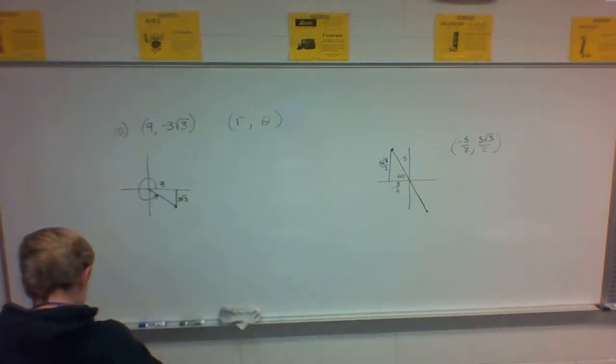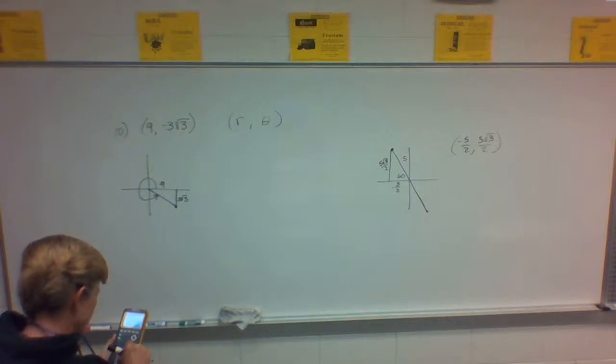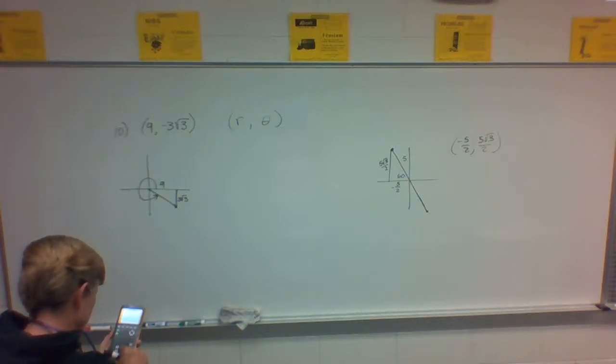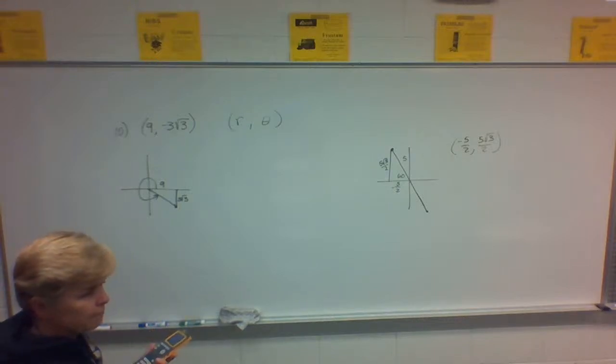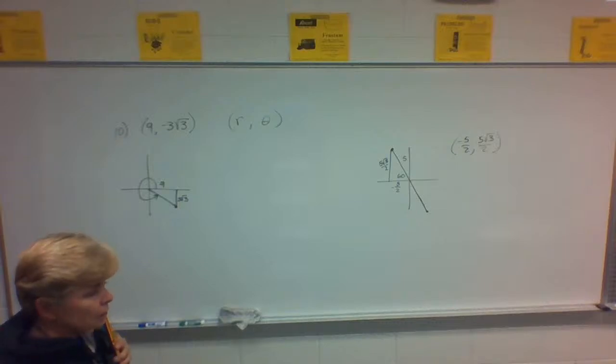So 9 squared plus 3 square root of 3 squared, then the square root of the answer. Looks to me like 10.39. Is that what you're getting?